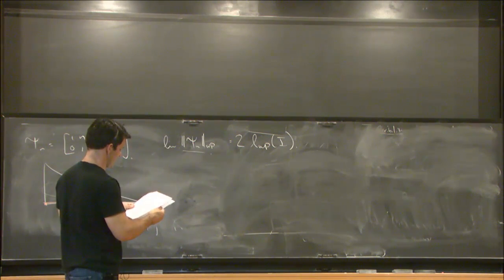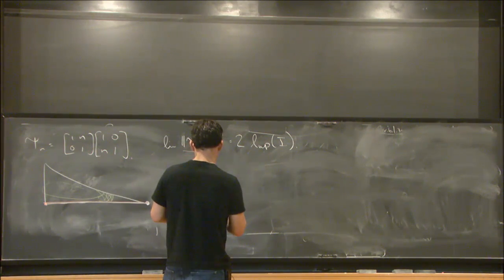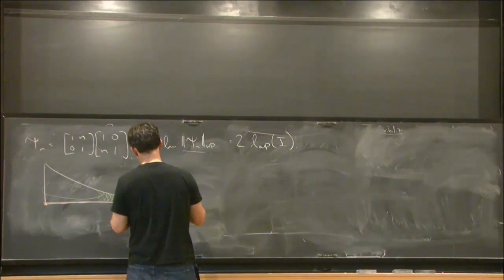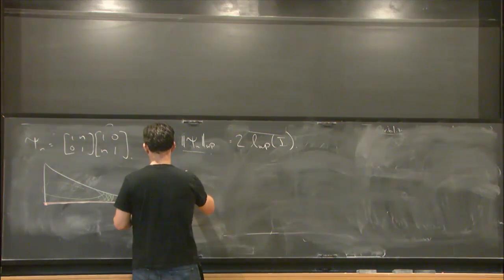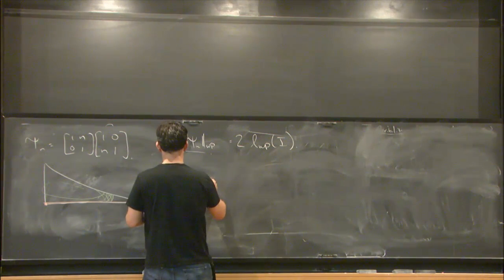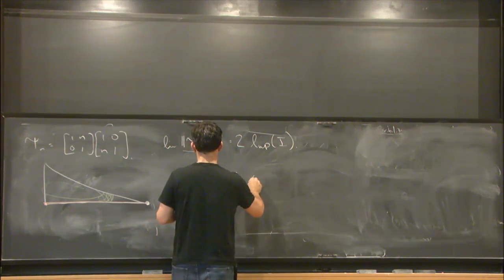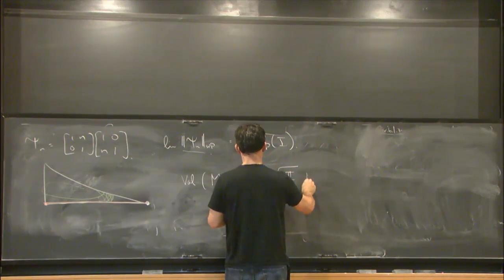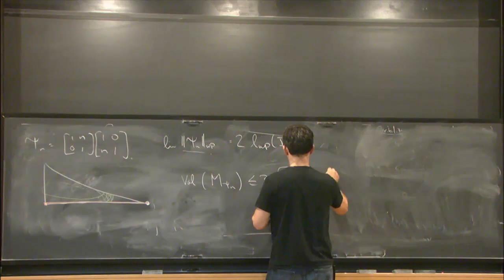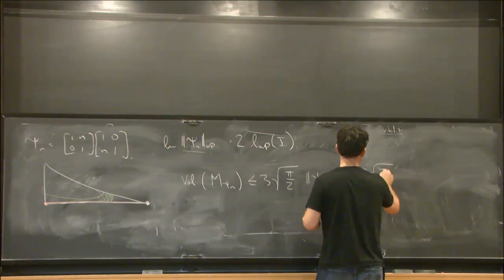I just want to conclude with that observation. In particular, the volume of the mapping torus is 3 times the square root of pi over 2 times the Weil-Petersson translation distance, which converges to 3 times the square root of pi over 2.